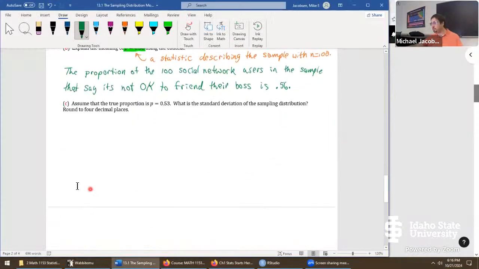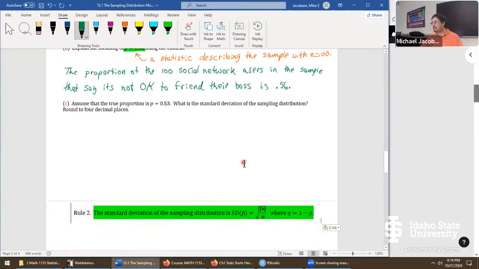We're doing rule 2 here. So with rule 2, what we need is a value for p. We also need a value for the sample size n. It's mentioned right here with this 100 social network users. And we can now say that the standard deviation of p hat is going to be this quantity. We go square root.